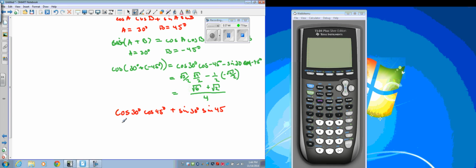Now cosine of 30 is the square root of 3 over 2, this is the square root of 2 over 2, plus this is 1/2, and that's the square root of 2 over 2. So the denominator is 4, and the first one is the square root of 6 plus the square root of 2.